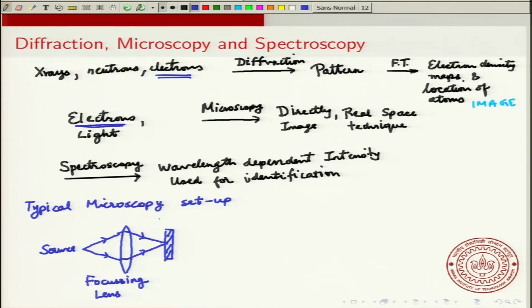So, this is the object. And then the light that comes out of the object is passed through an objective. This lens is called the objective lens.